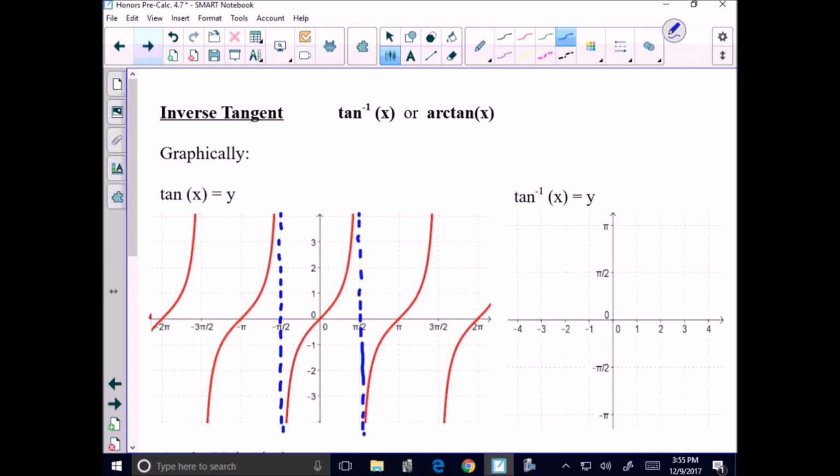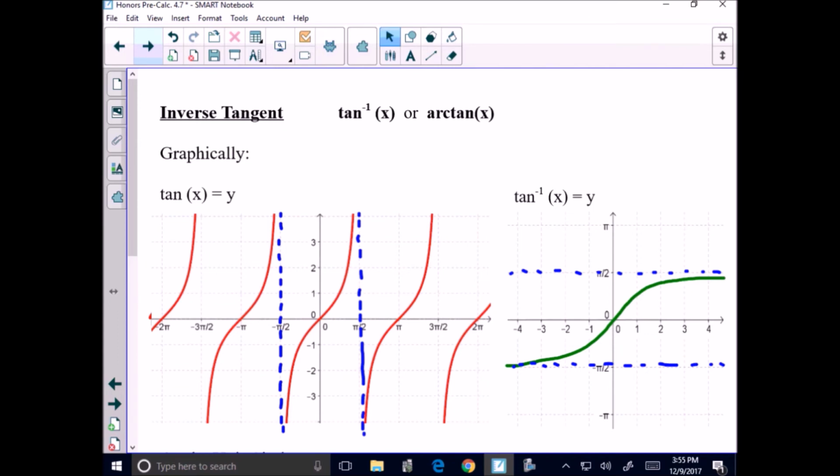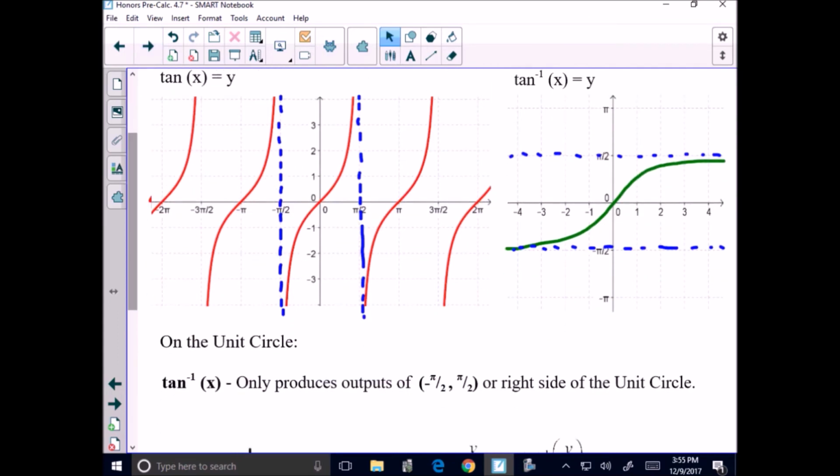So right here, inverting this graph, we get a graph that looks something like this, where we have horizontal asymptotes at pi over 2 and negative pi over 2. And again, in general right here, this graph on its own isn't that much use to us, but we can identify the domain and range of the inverse more easily. Right here, we're going to say that the domain of inverse tan is going to be negative infinity to positive infinity.